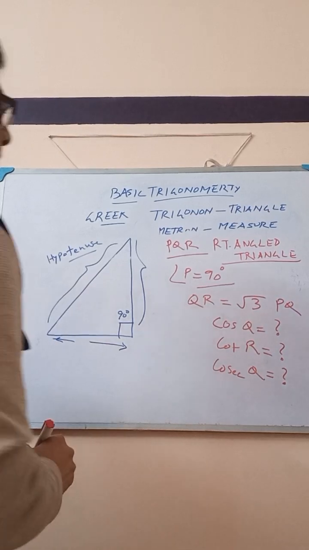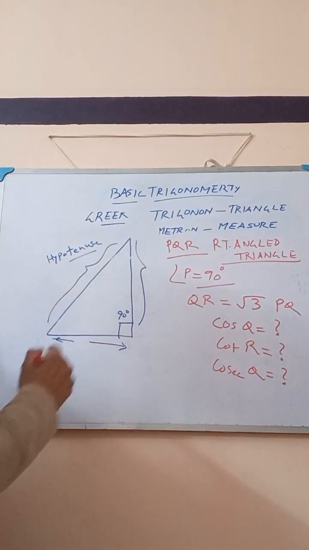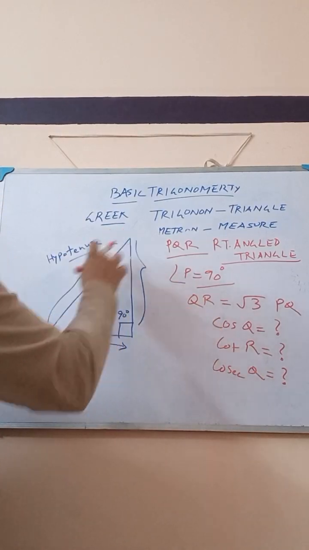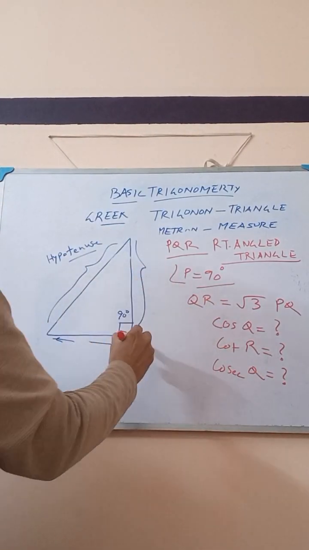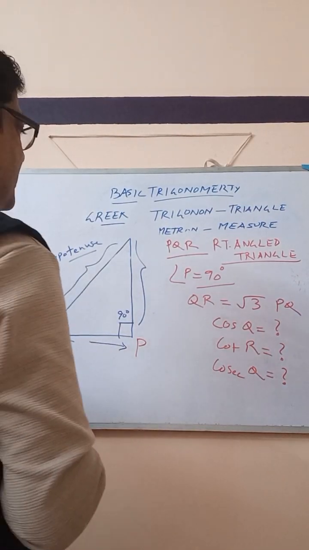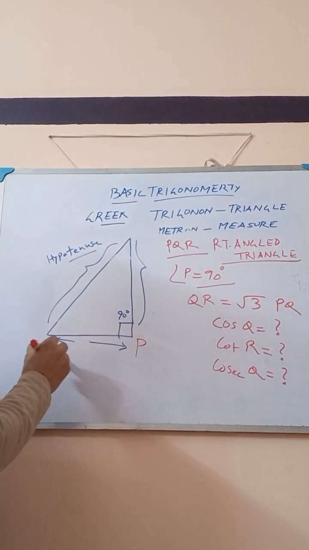Okay, now let us draw the triangle. PQR, right angle triangle. Now this is the right angle triangle. Angle P, this is P. So we can write PQR.